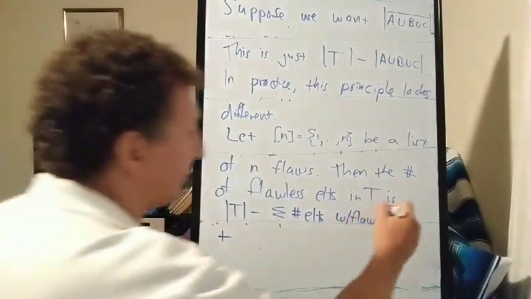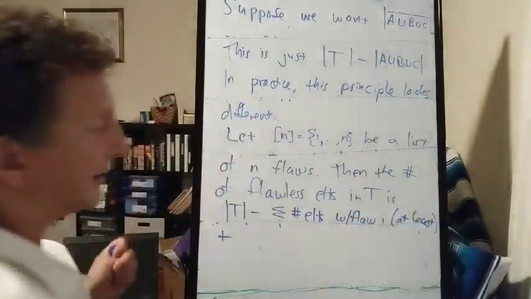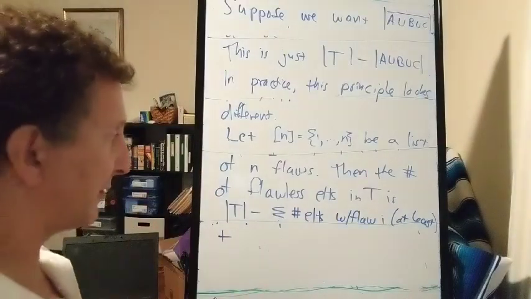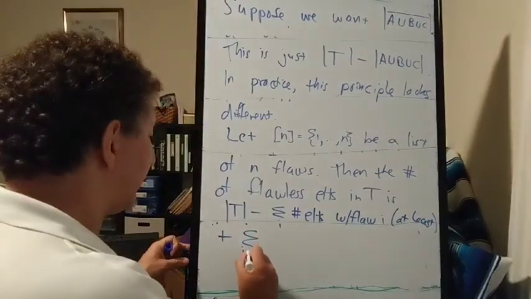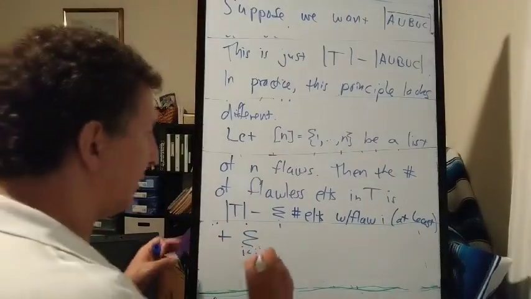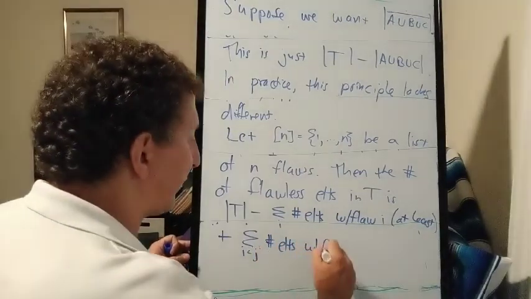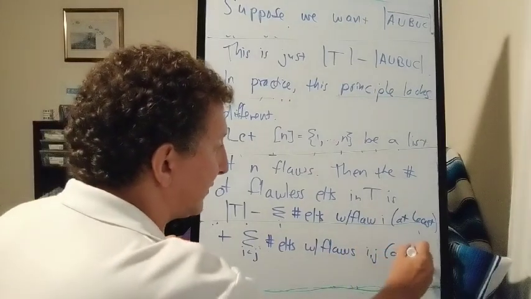Now that means with flaw i at least, because having flaw i doesn't prevent an element from also having flaw j, flaw k, or other flaws. So then we have to add back in the sum over pairs i and j of the number of elements with flaws i and j, again at least.